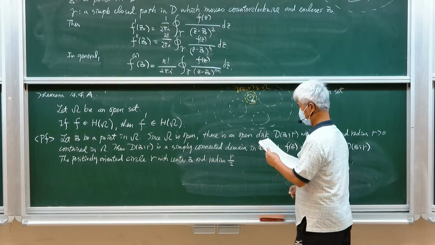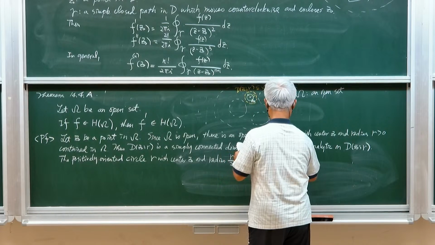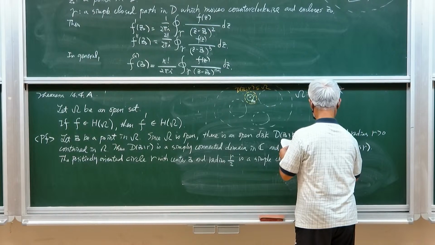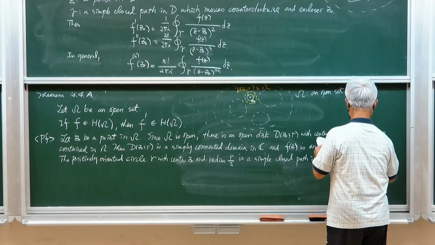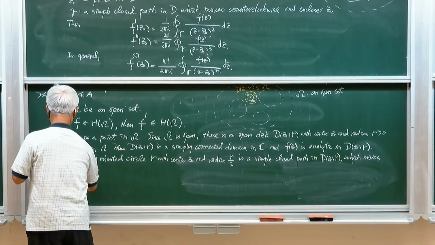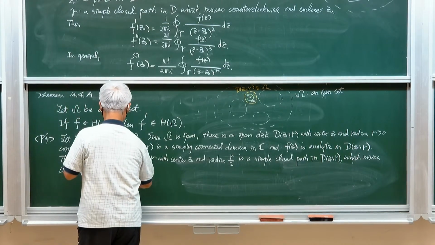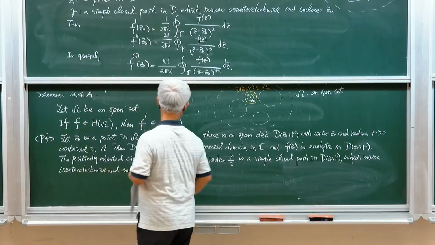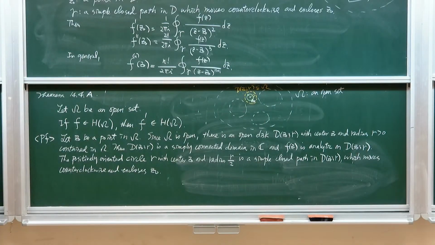Gamma is a simple closed path in the simply connected domain, which moves counterclockwise and encloses z0. Okay? Alright, so we have everything needed in this theorem.